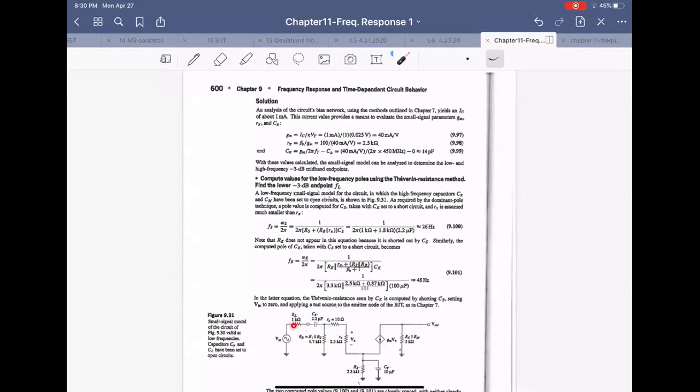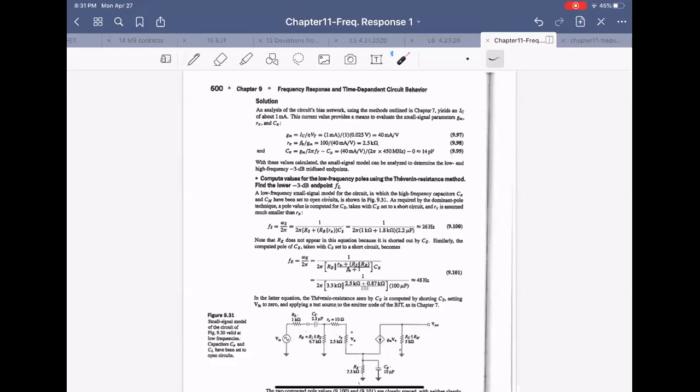And then this base side, we have to divide by beta plus 1. If we see the impedance on the base side, we have to divide by beta plus 1. Again, if the base current is 1, the collector current is beta, and the emitter current is beta plus 1. So the voltage drop on the emitter side is beta plus 1 times, and if the reference is emitter-base, we have to divide by beta plus 1. So we have FE of 48 hertz.